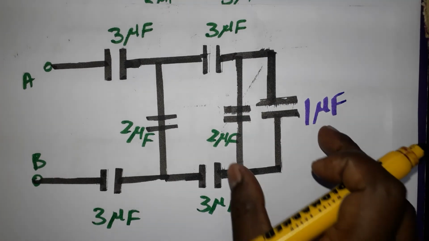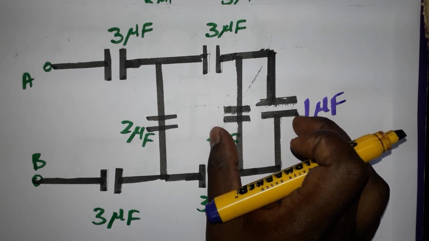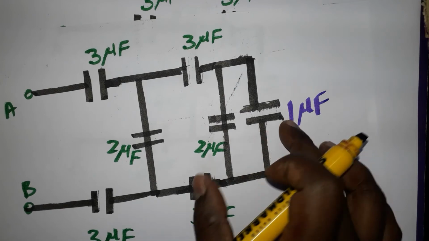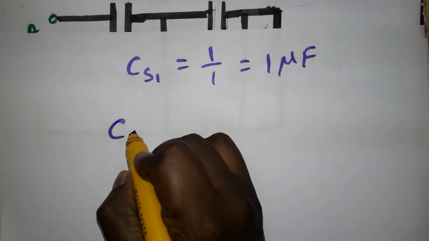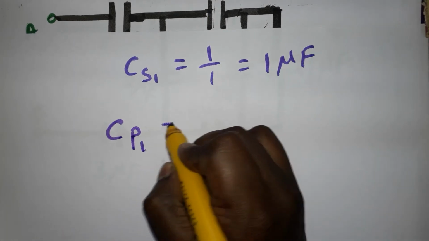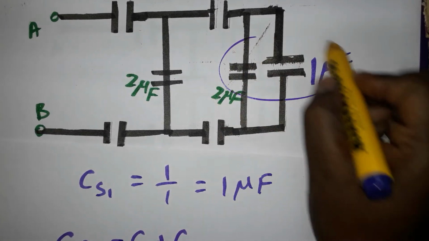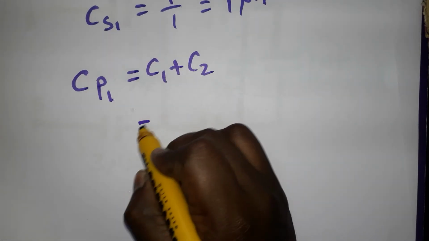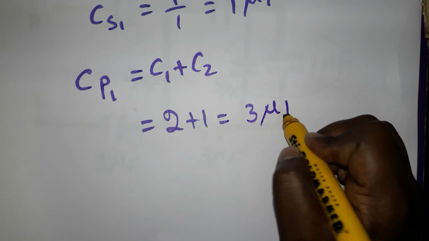Now I am going to take these two, which are in parallel. For parallel we have the formula: it is going to be C1 plus C2. So these two in parallel, 2 plus 1, is going to be 3 microfarad.